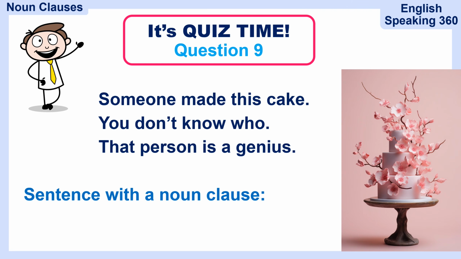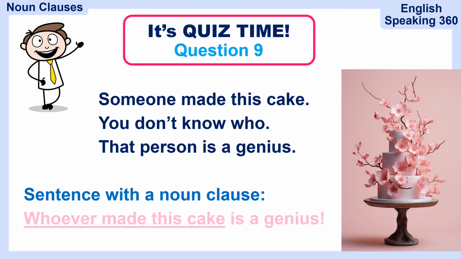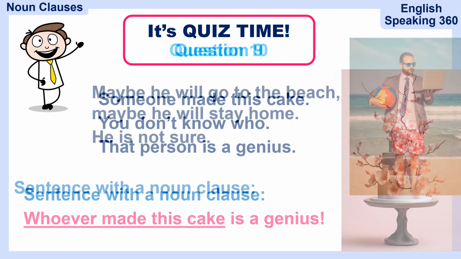Question 9. Now this one is a little bit more challenging. Someone made this cake. You don't know who. That person is a genius. Okay? So no matter who made it, that person is a genius. You ready? Whoever made this cake is a genius. Question 10.